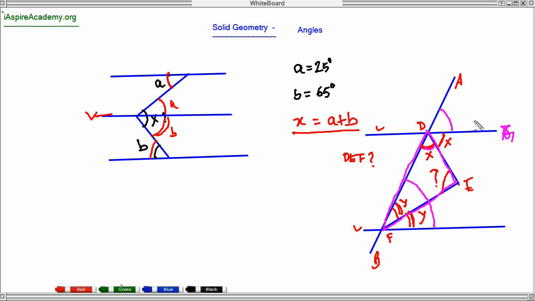So ADG we know is the same as this angle. Angle ADG equals 2Y, correct?